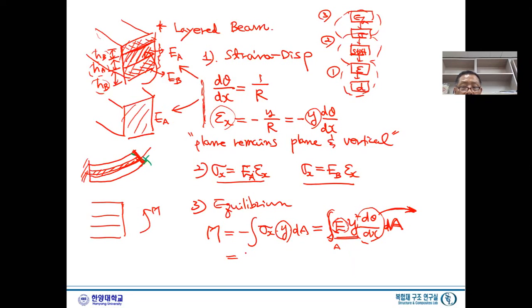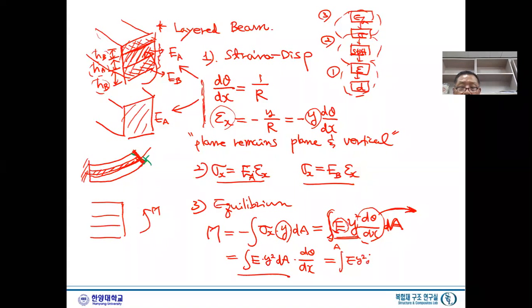Okay, so we can say E times y squared dA times d theta/dx, but when we integrate them, we have to divide them into two parts.